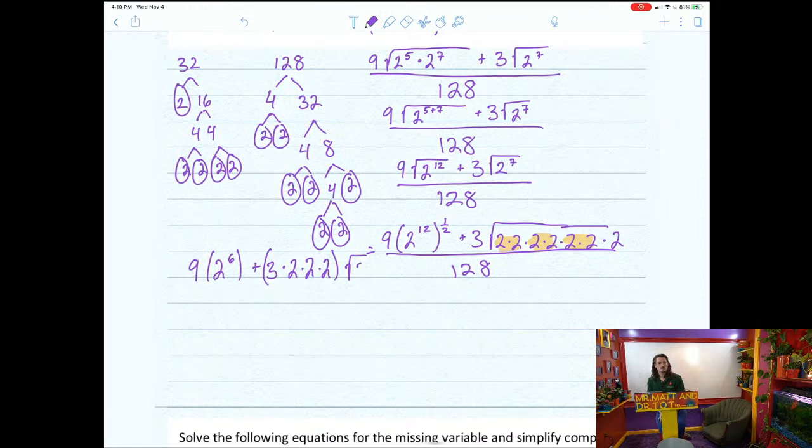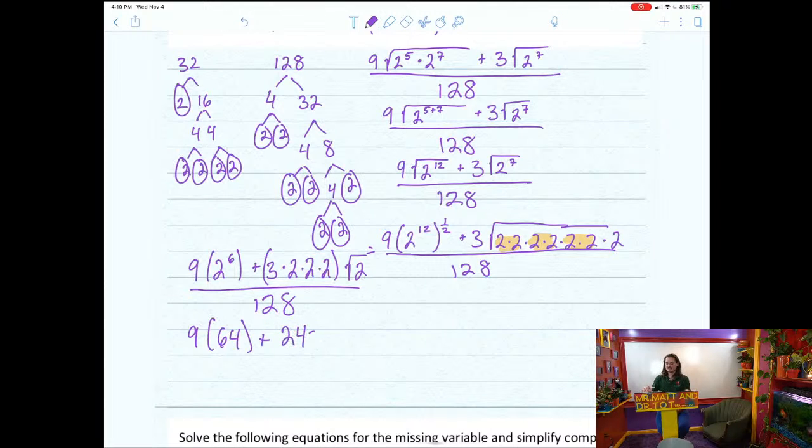2 to the 6th power is 64, so this is the same thing as 9 times 64 plus 3 times 2 is 6, 6 times 2 is 12, 12 times 2 is 24. This is 24 root 2, quantity over 128.